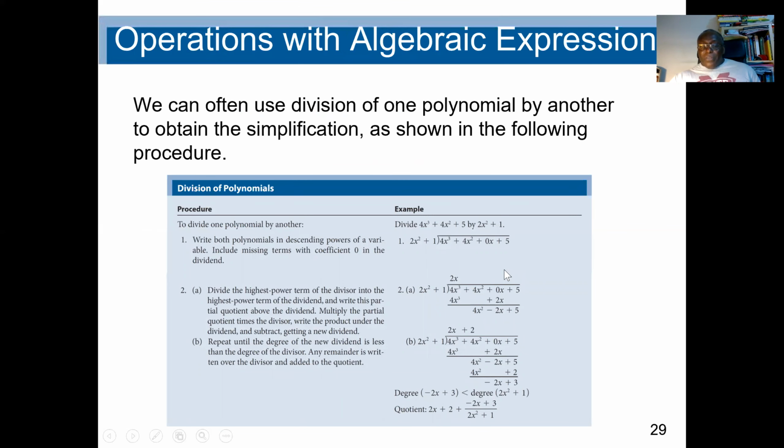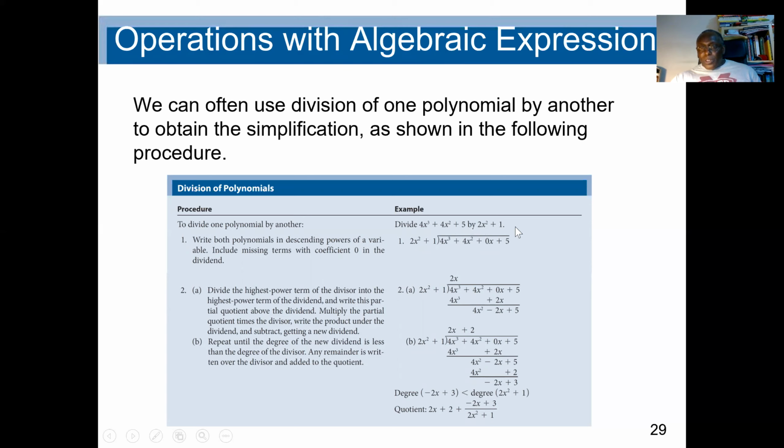Also, sometimes we may have a division question, like the example here, where we have a trinomial by a binomial. Then we have to do a long division. If it's only a monomial, I can just divide the one term in the numerator by the denominator. But here we have to, so I have 4x cubed plus 4x squared plus 5, divided by 2x squared plus 1.